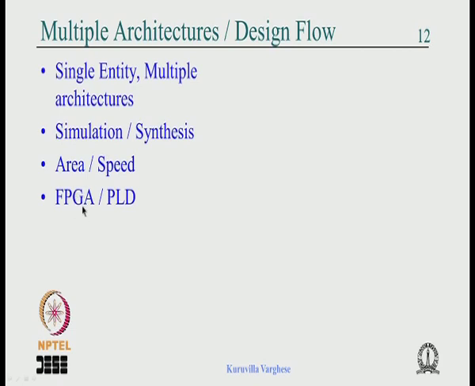We will see how to write optimal code for FPGA, PLD and so on. Maybe you write something specific to FPGA, something specific to PLD, and something specific to ASIC. The FPGA has a lot of inbuilt components, and you might instantiate those components in the code, which may not work when you go to the ASIC. So you could have one architecture for FPGA, one for PLD, one for ASIC and so on.